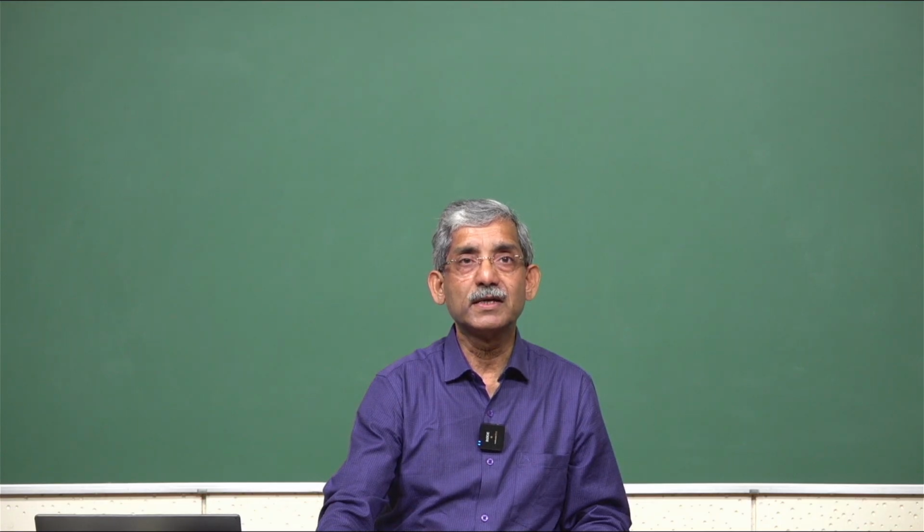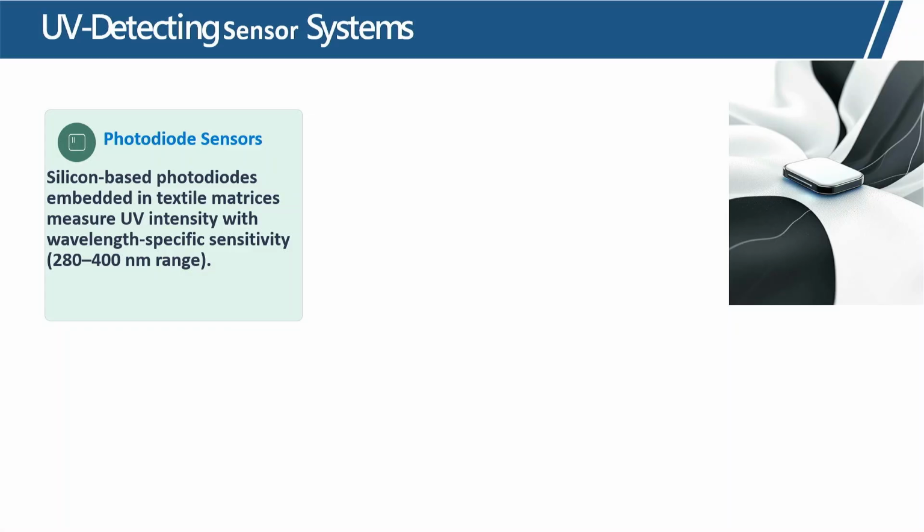So, UV detecting sensor systems are used. Photodiode sensors detect the presence of UV. Silicon based photodiodes are embedded in textile matrices.